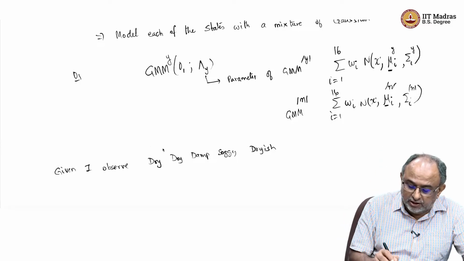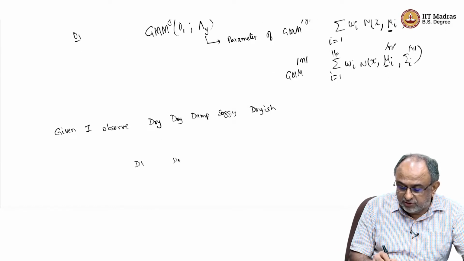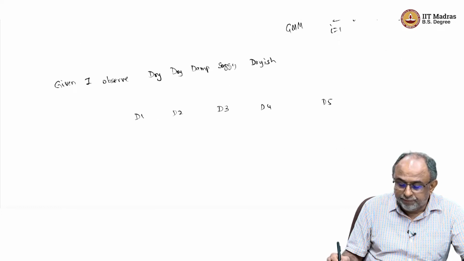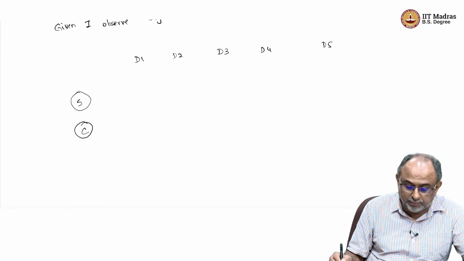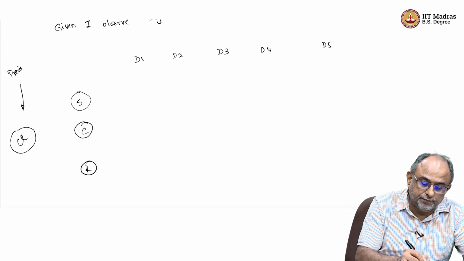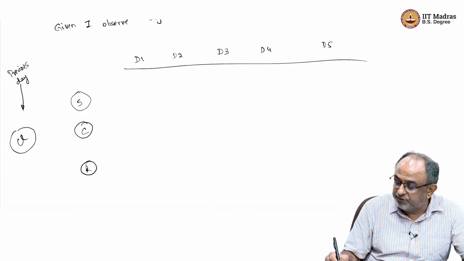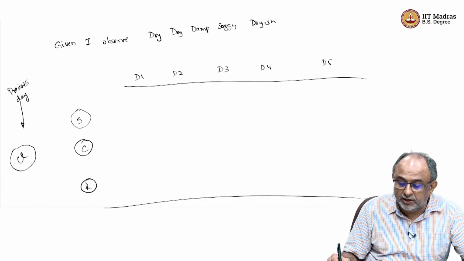So we can look at D1 first day, D2 second day, D3 third day, D4 fourth day, D5 fifth day, and then I can ask which state sequence best explains this, given that the previous day was cloudy. And then what do I observe here? On that day I am observing whatever it is, dry, damp, soggy.